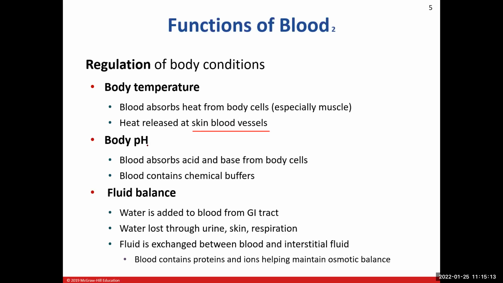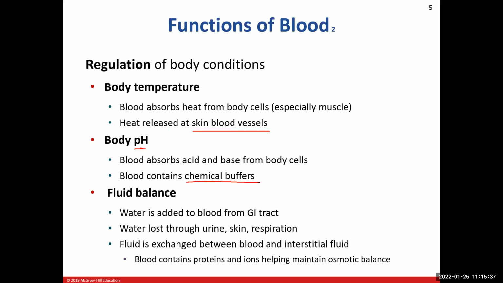Body pH, huge, huge role here. Back in chapter 2, you learned about acids and bases, substances that will release hydrogen ions or absorb hydrogen ions, the H+. So this goes on with certain metabolism processes in the body. And so in our blood, and you will learn about this later on in the course, we're going to talk about chemical buffers.